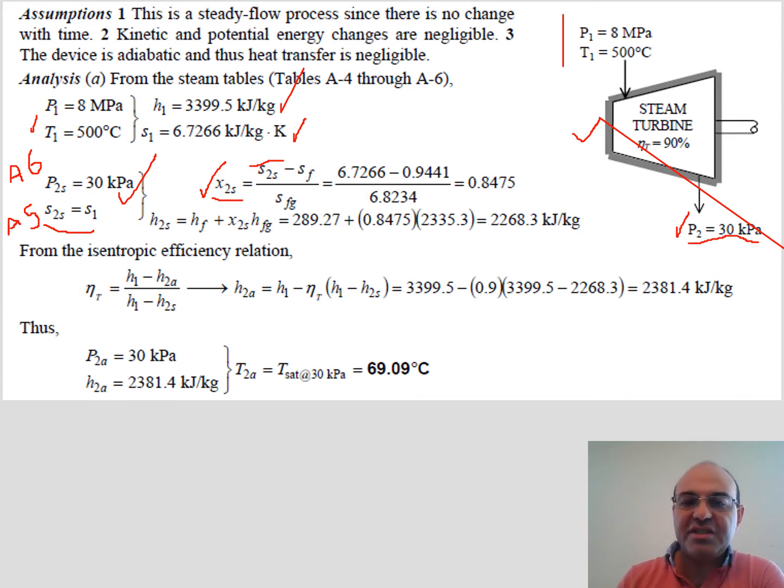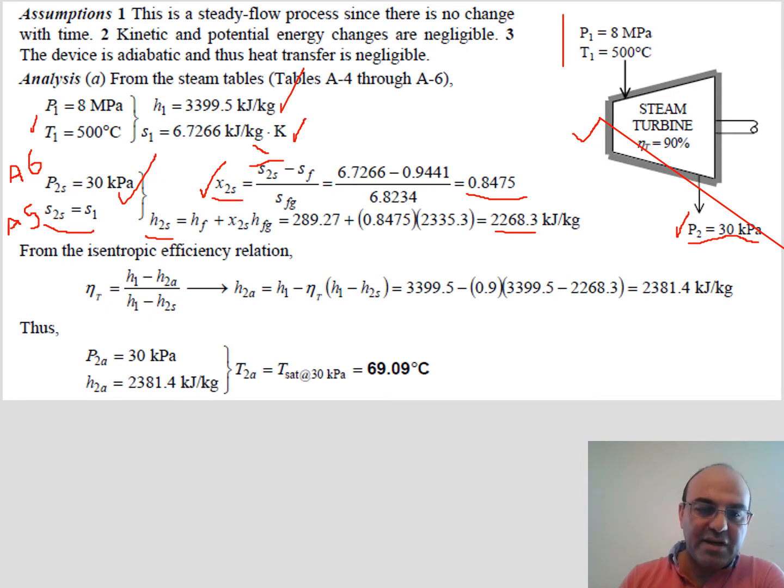You can use this S2S, which is equal to S1 from here, and then Sf and Sfg at 30 kilopascals. So you find the quality equal to this value. Now that the quality is known, you can find enthalpy equal to Hf plus x Hfg, and you find the enthalpy based on the isentropic assumption.